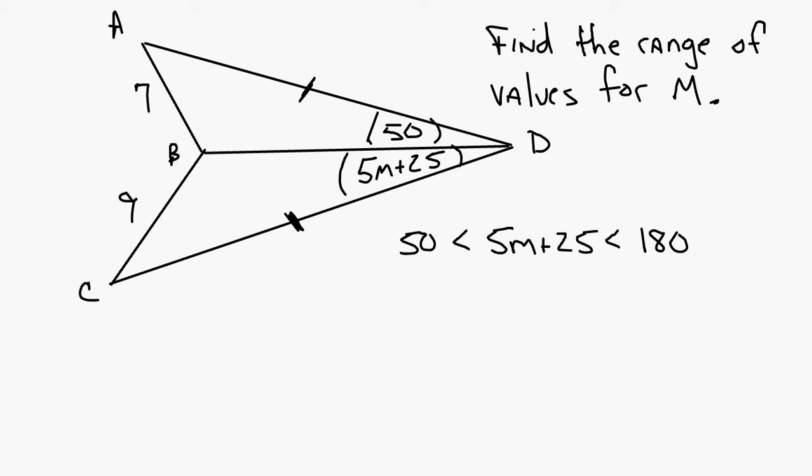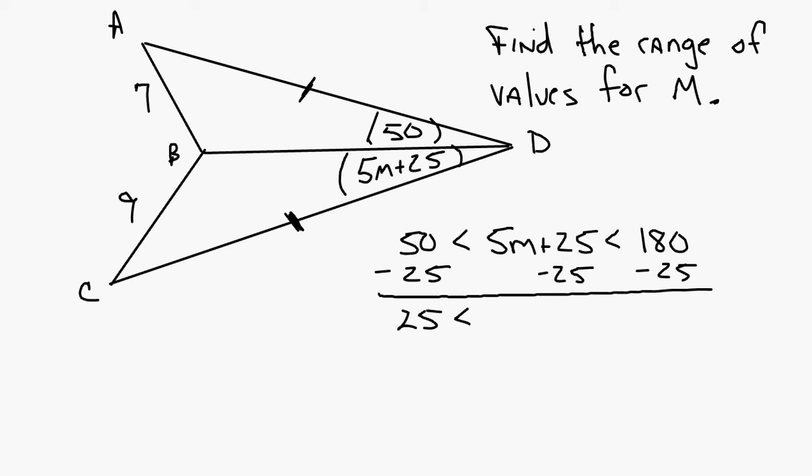Now, you're going to solve a compound inequality. So subtract 25 from the middle, from the right, and from the left. And 25 is less than 5m, which is less than, what's 180 minus 25? 155.